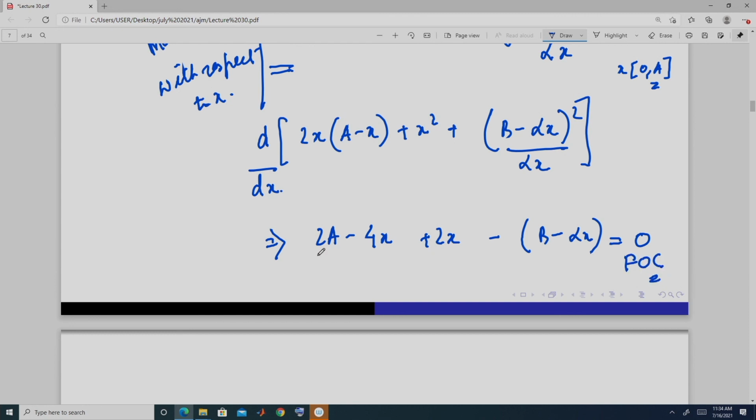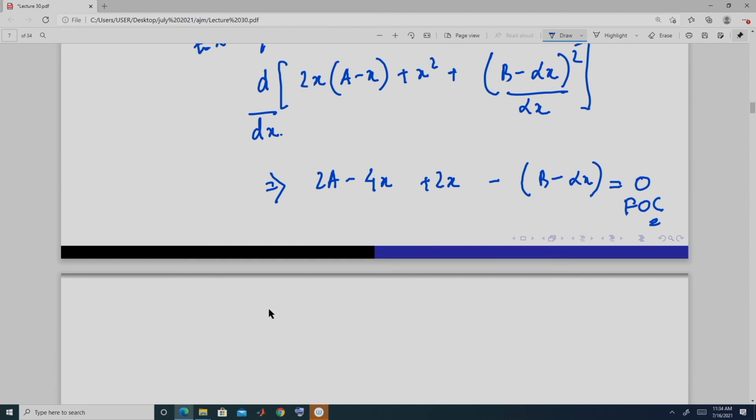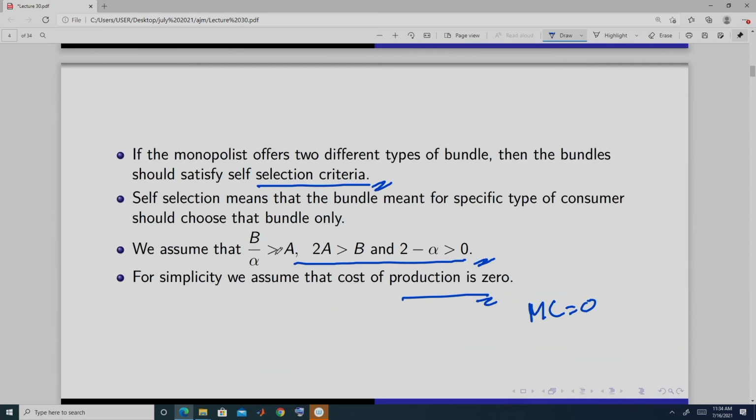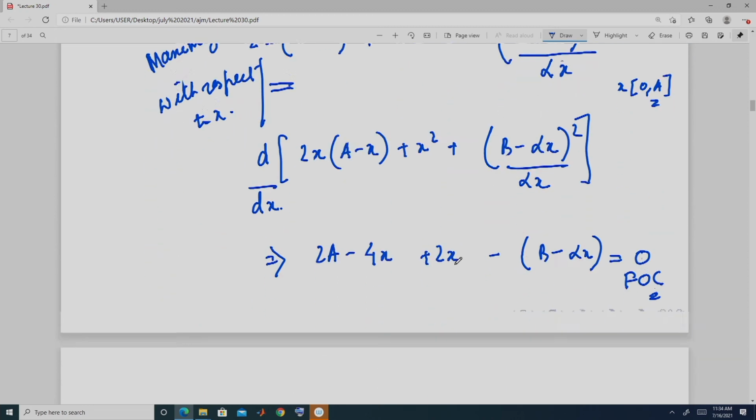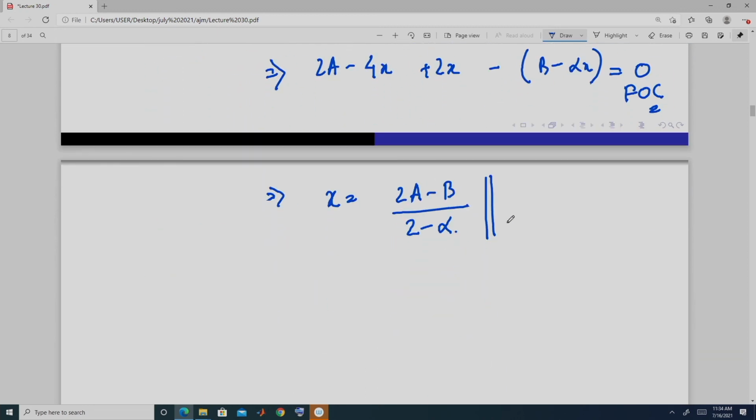So, we solve this, what do we get? We get x is equal to A minus B divided by 2 minus alpha. So, that is why we assume these conditions, so that this takes a value like that.